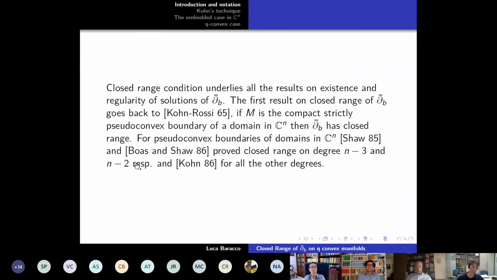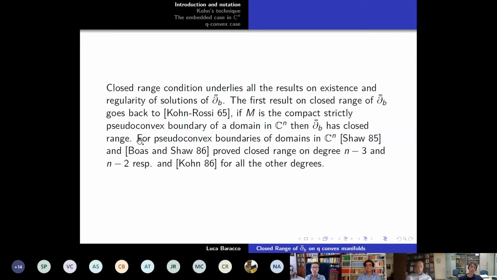Now, closed range is an important condition because it underlies all the results on existence and regularity of solutions of the d bar B. And the first result on closed range of the d bar B goes back to Kohn and Rossi in '65, where they proved that if M is the compact, strictly pseudo-convex boundary of a domain in C^n, then the d bar B has closed range.